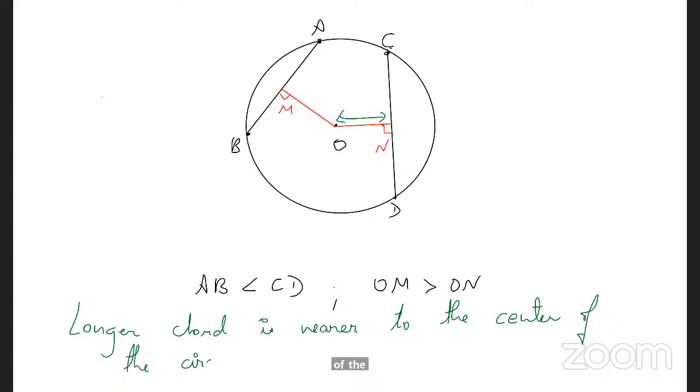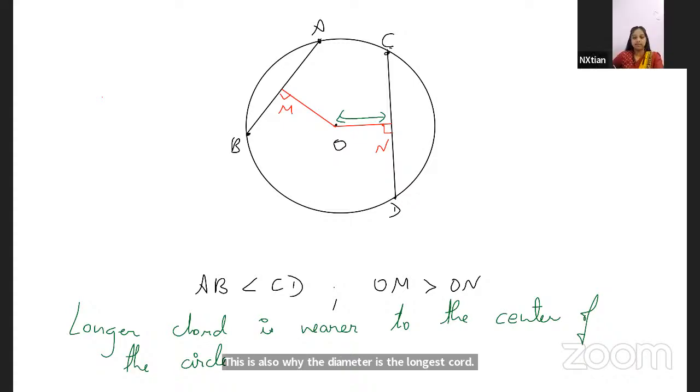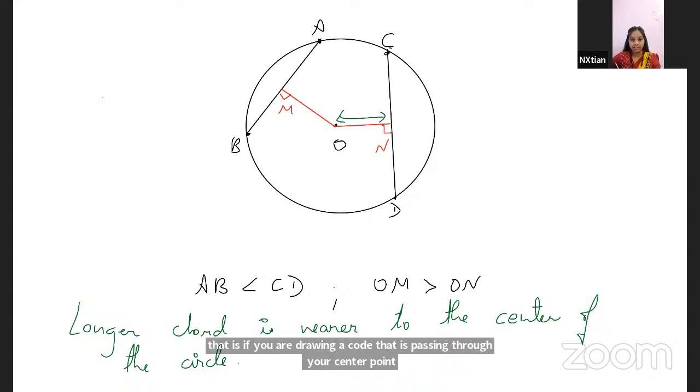This is also why the diameter is the longest chord, because the diameter is passing right through the center. If you are drawing a chord that is passing through your center point, it will be the longest chord. That's your diameter.